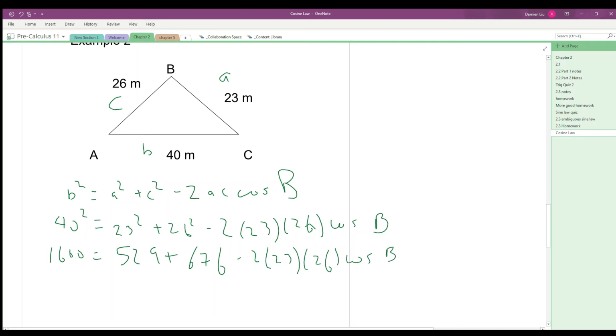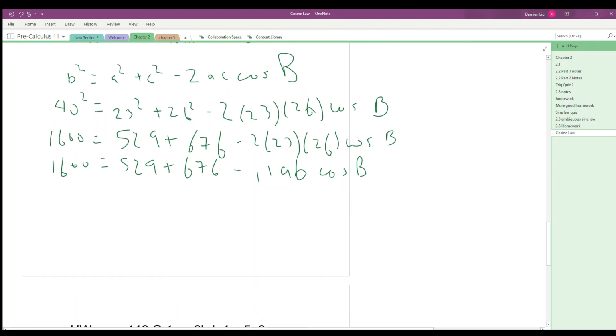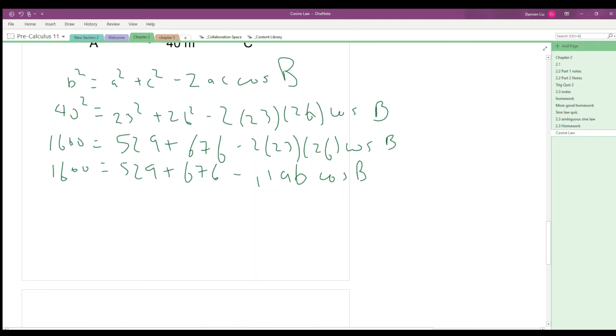All right, so now I'm going to continue. 2 times 23 times 26 is 1196 cos B. Here is where it's super important that you understand this. You see this 1196 cos B?